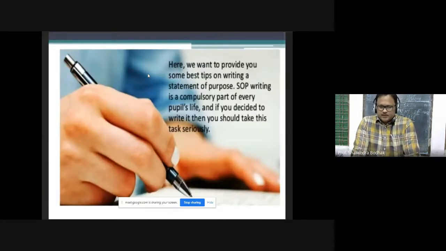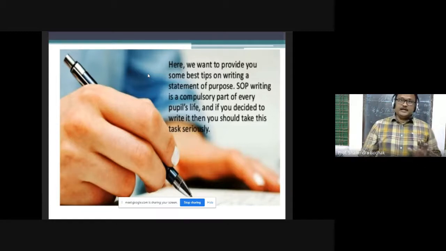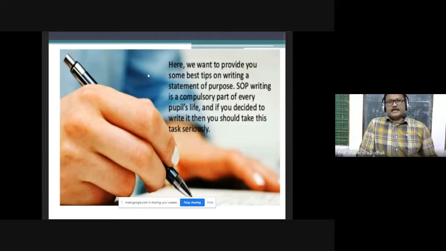Here we want to provide you some best tips on writing a statement of purpose, that is SOP. SOP writing is a compulsory part of every pupil's life. Now it has become inevitable, because along with your application you will have to attach your SOP also.